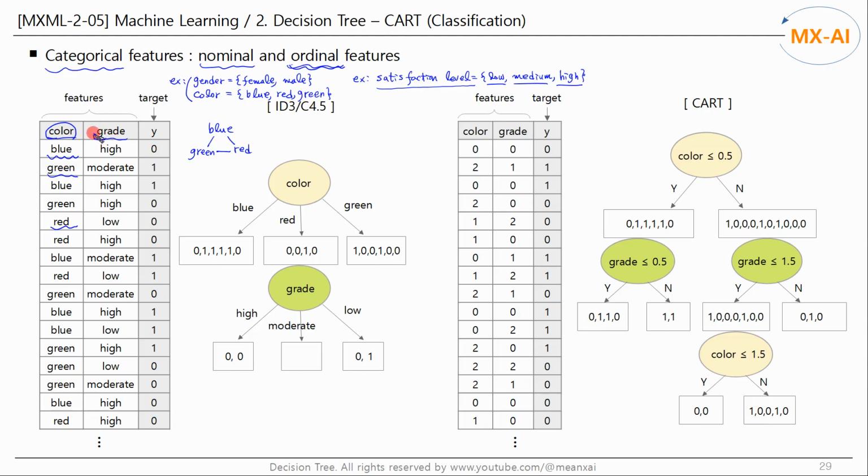The grade feature is an ordinal variable and is classified into one of high, moderate, and low. This feature has a natural, ordered ranking. We can say that moderate is slightly larger than low, and high is much larger than low. However, since this is also a categorical variable, the precise distances between categories are unknown or uneven.